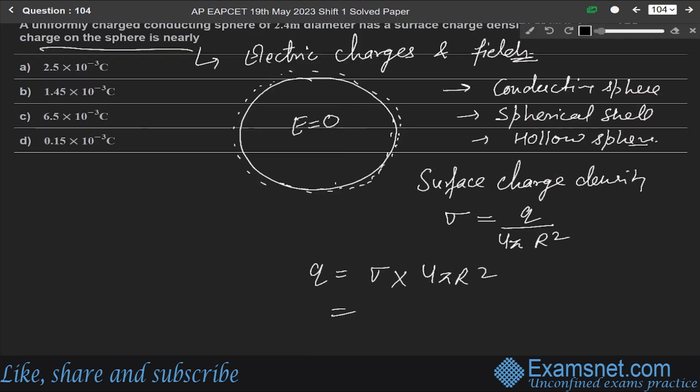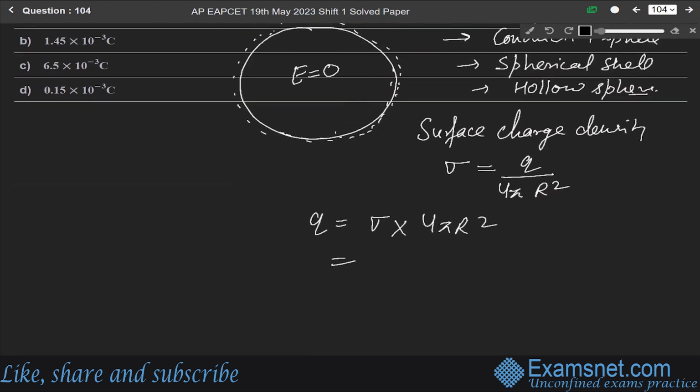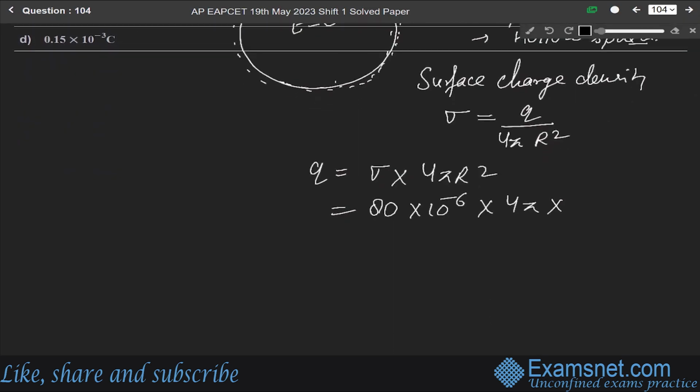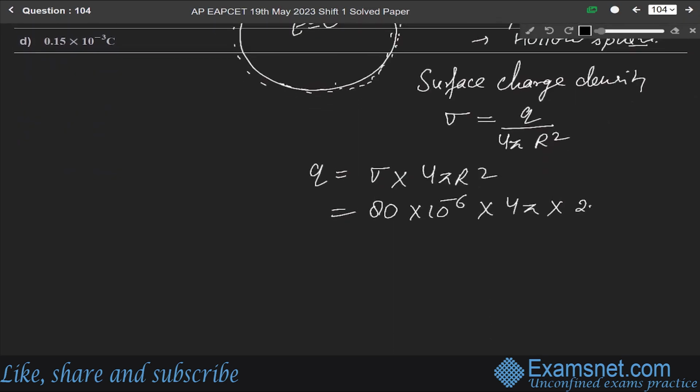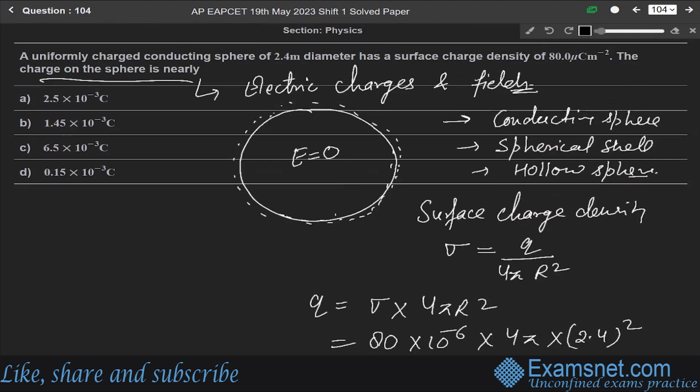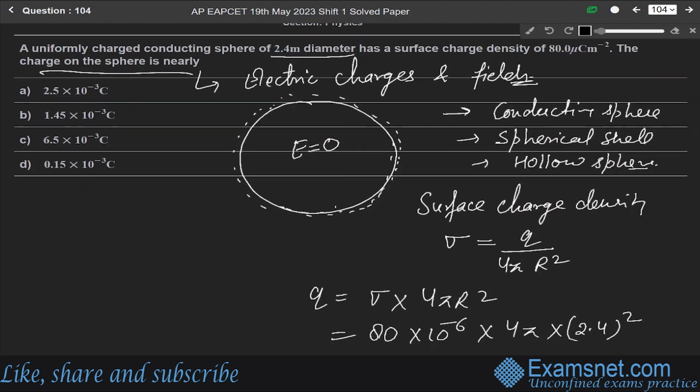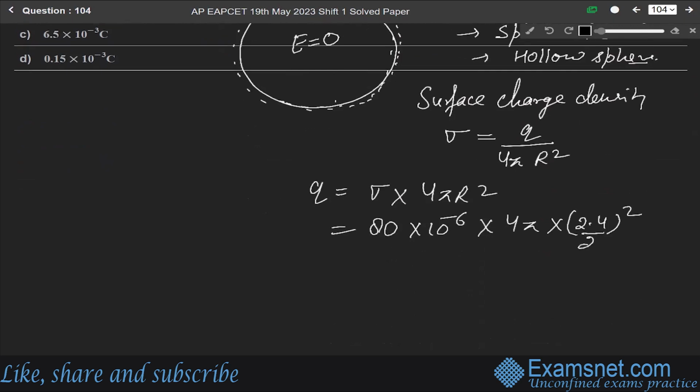Sigma is given as 80 microcoulomb, meaning 10 to the power minus 6, into 4 pi into r. Radius is given as 2.4 meter, so 2.4 whole square. Sorry, 2.4 is the diameter, so 2.4 divided by 2 whole square.